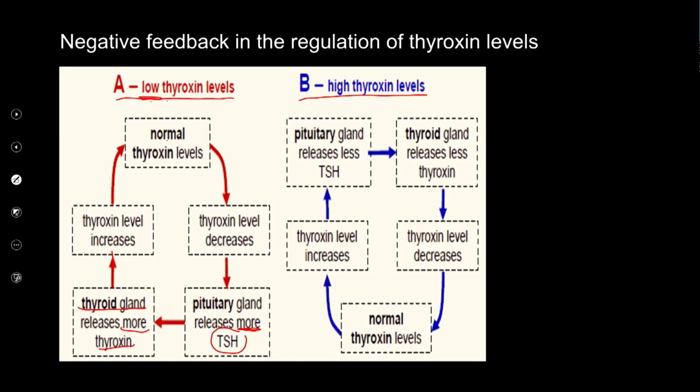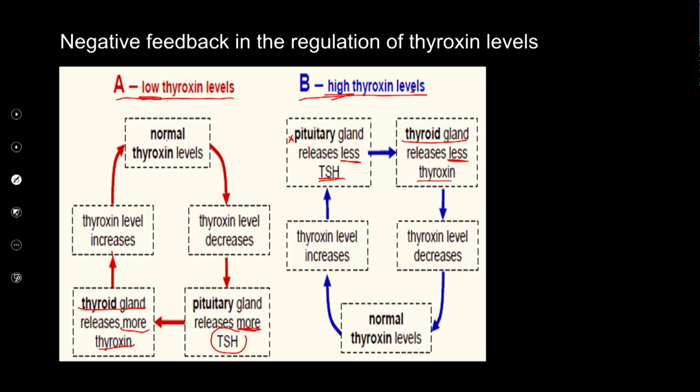Then when thyroxine level is too high, what will happen? Again, we start with our pituitary gland that will release less because now thyroxine is high. It will secrete less thyroxine stimulating hormone, for the thyroid gland to secrete less thyroxine.